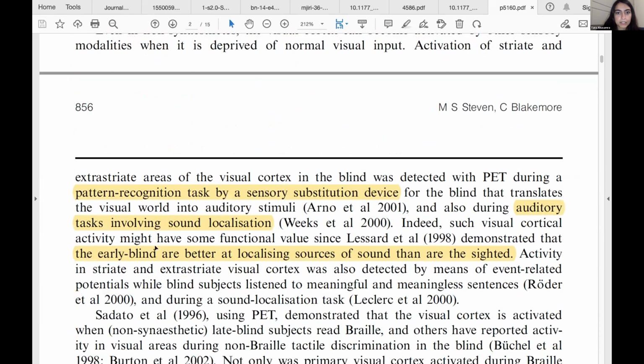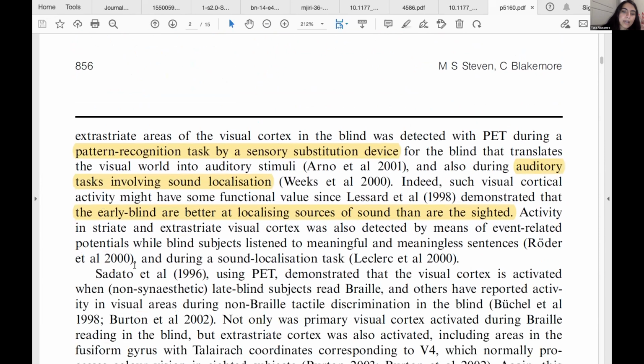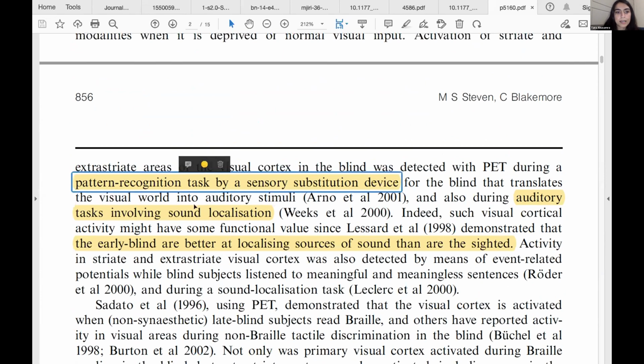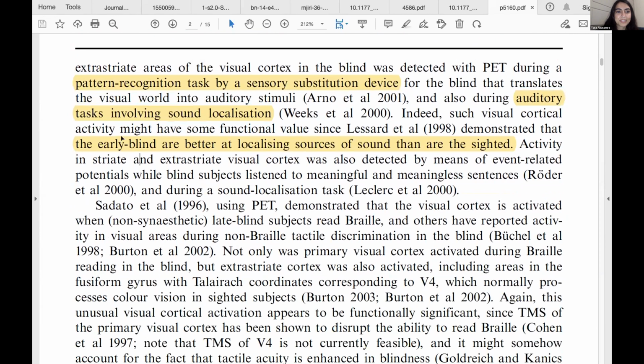As background, in blind people without synesthesia, association areas of the visual cortex were activated in pattern recognition tasks as well as auditory localization tasks. Another interesting finding was that people who are blind at early stages can localize sounds better than sighted people.